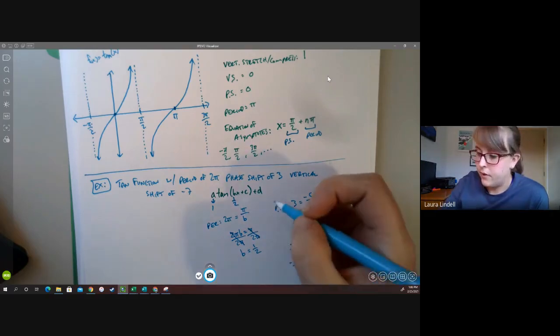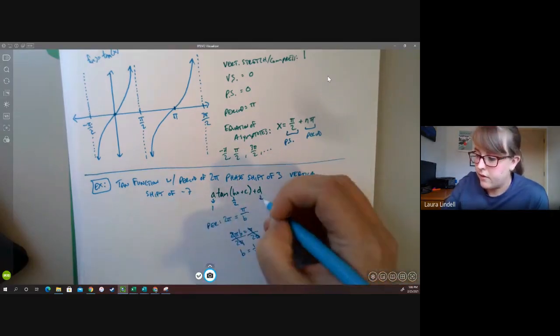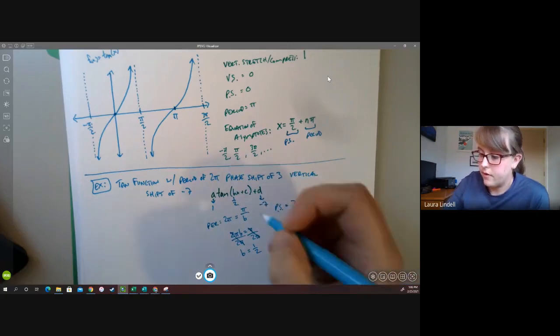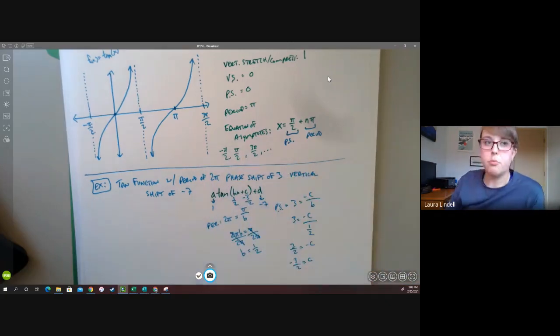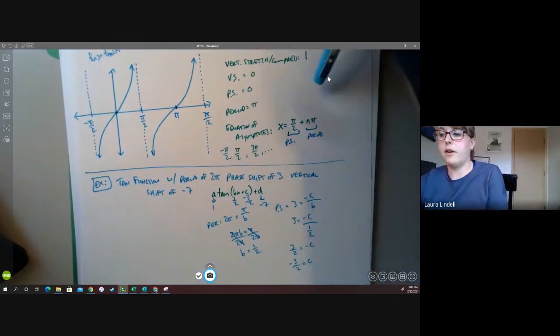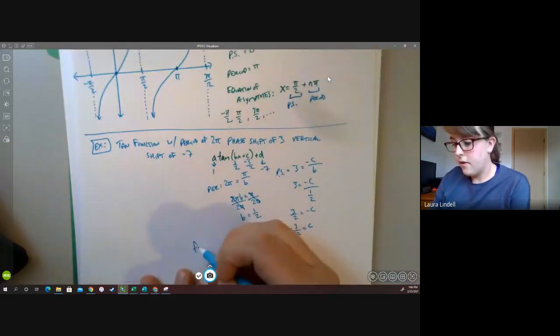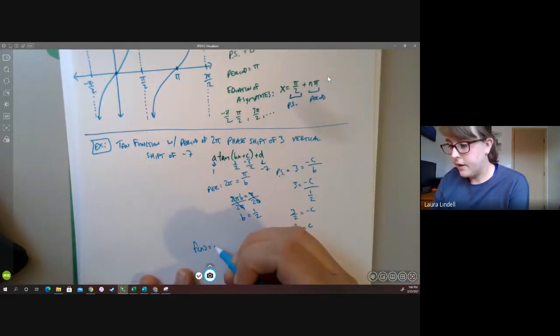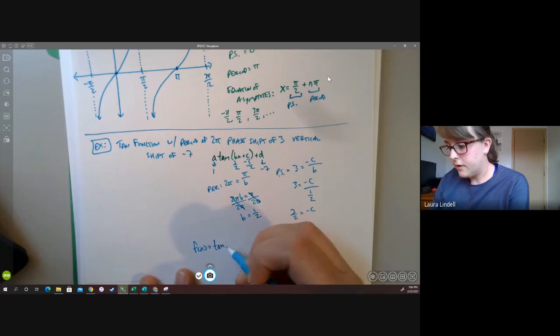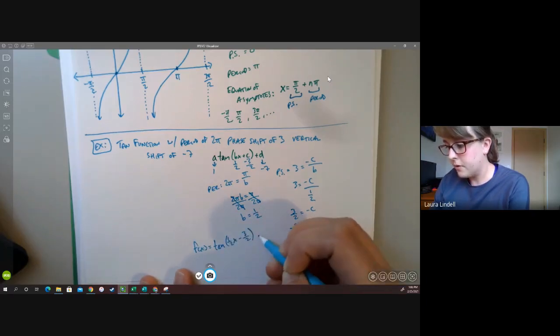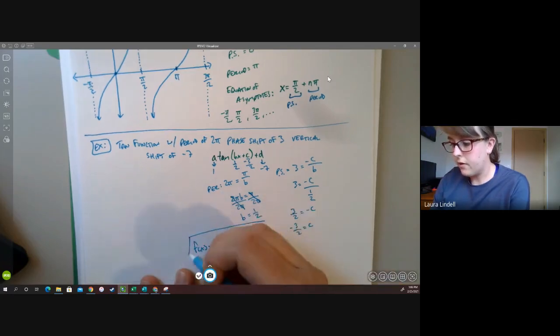And for d, we know the vertical shift is -7, so d is -7. Putting it all together into our final answer, f of x equals tangent of 1/2 x minus 3 over 2, minus 7.